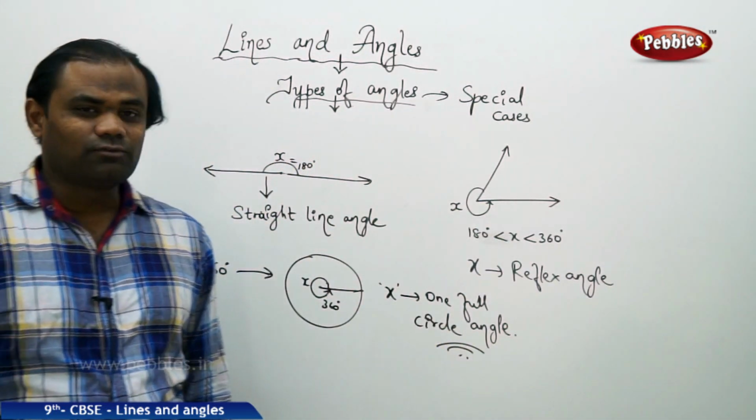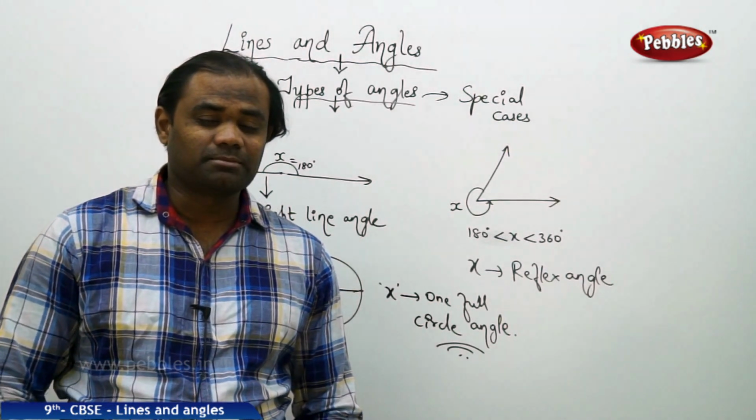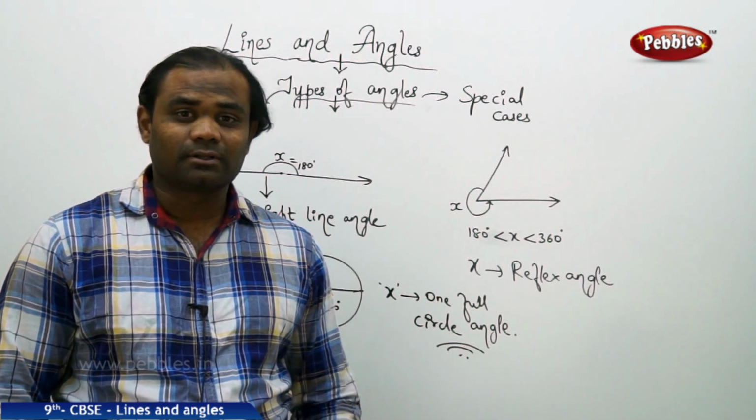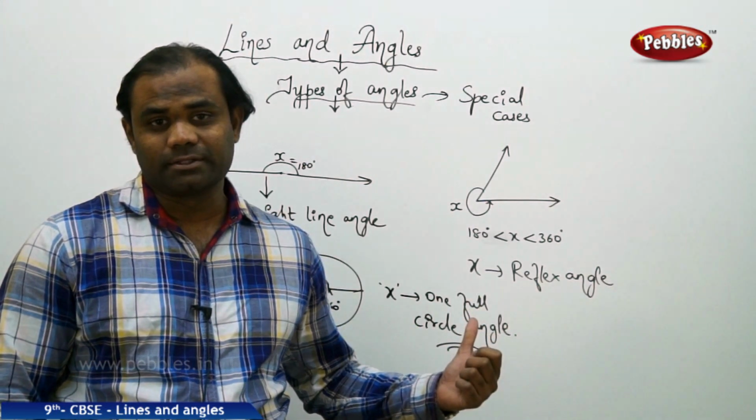X is called a one full circle angle, is how we derive the different types of angles connected with lines and angles. Types of angles in special cases.